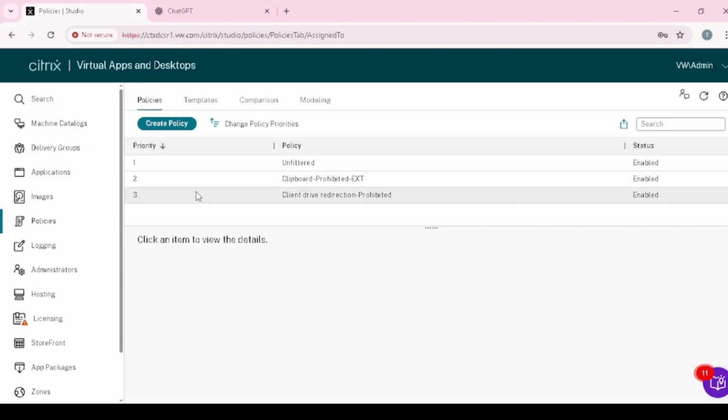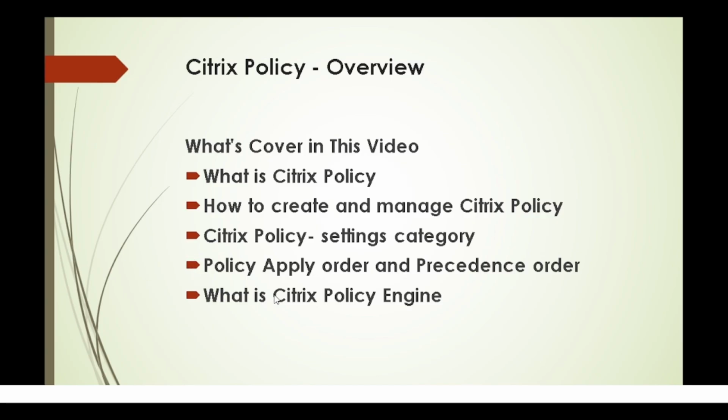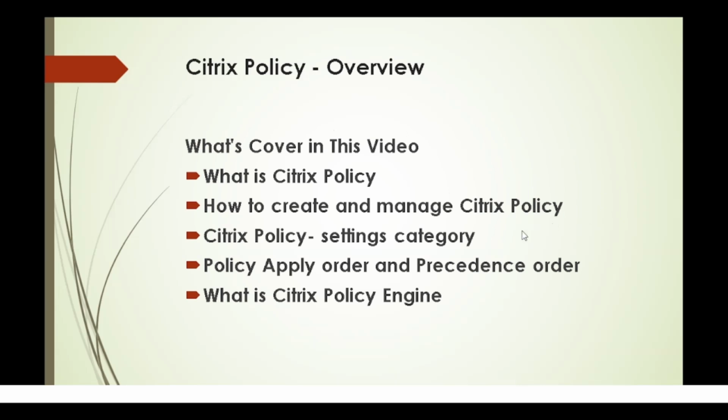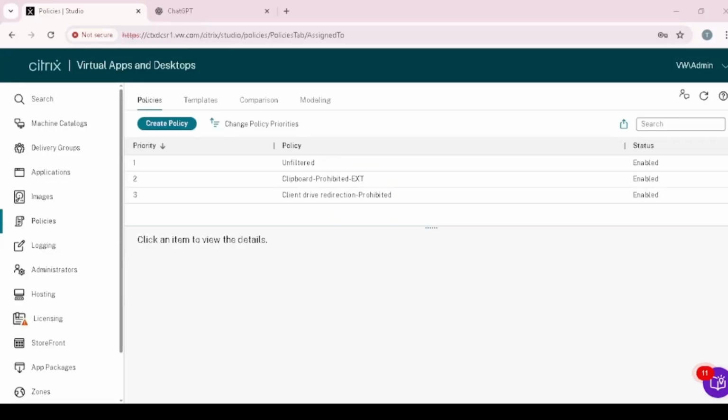One is for disabling copy paste for external users, and the other is for disabling client drive redirection for help desk users. So they will not be able to access the local drive in the Citrix session, and for the other policy they will not be able to copy paste. So we will log into the server and test these policies.